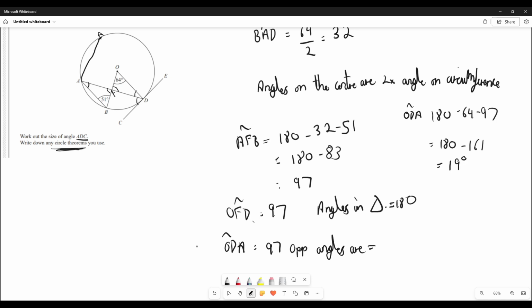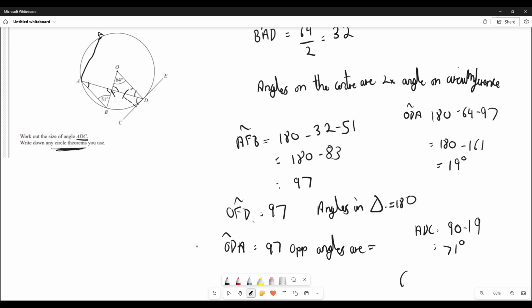But here we haven't found the answer, because that's ODA. It's asking for ADC. So all we need to do is, we know that this whole angle is 90 degrees. So ADC equals 90 minus 19, which is 71 degrees.